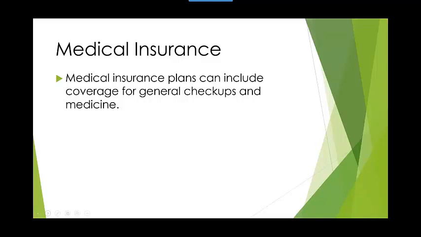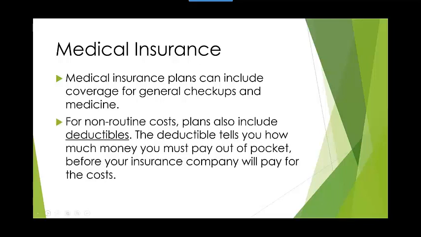And you can have coverage for medicine. You can get a discount or a certain plan that lets you purchase prescription meds. And then for non-routine things, the big stuff like a surgery, for example, plans generally include, so I'll write that down, non-routine, meaning, for example, surgery.